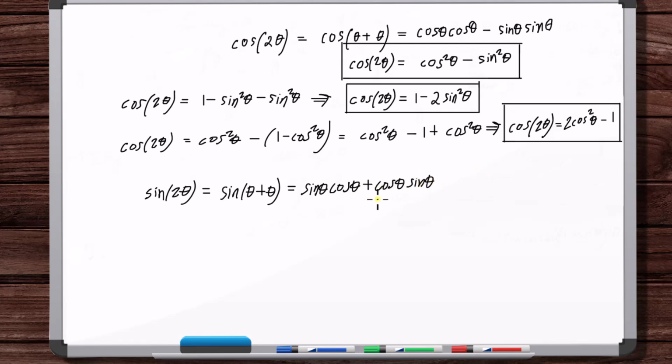But these are the same here, so we can just add these up and get sine of 2 theta is equal to 2 sine theta cosine theta.